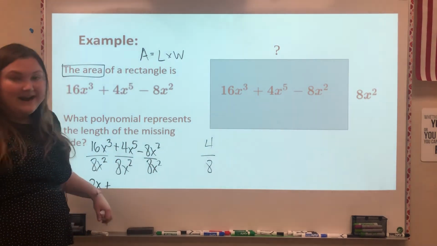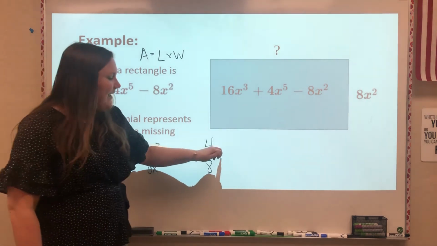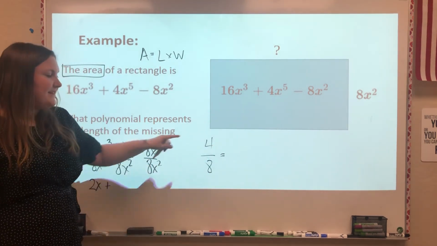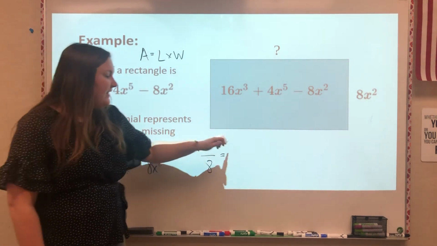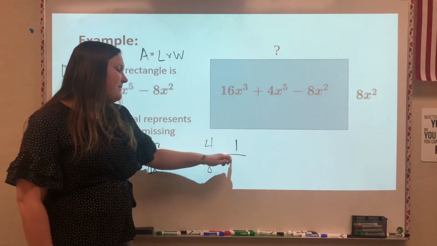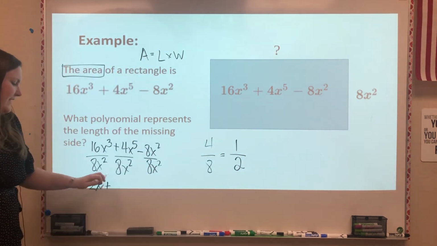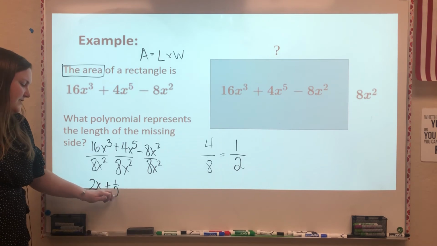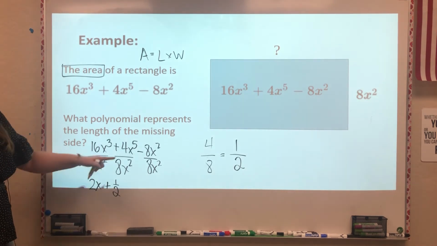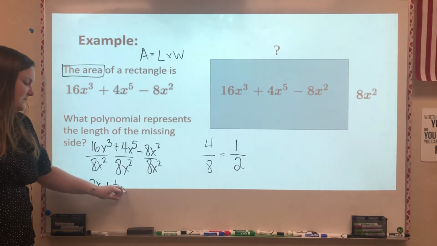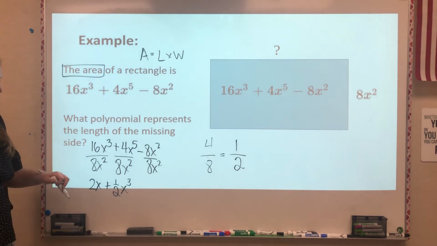I can write a fraction here for my coefficient. That's fine. I'm going to simplify it first, though. Both of those I can divide by 4. 4 divided by 4 is 1. 8 divided by 4 is 2. So I get 1/2. So this term here is going to start off with 1/2. And then when I divide my x's, I subtract my exponents and get x cubed.